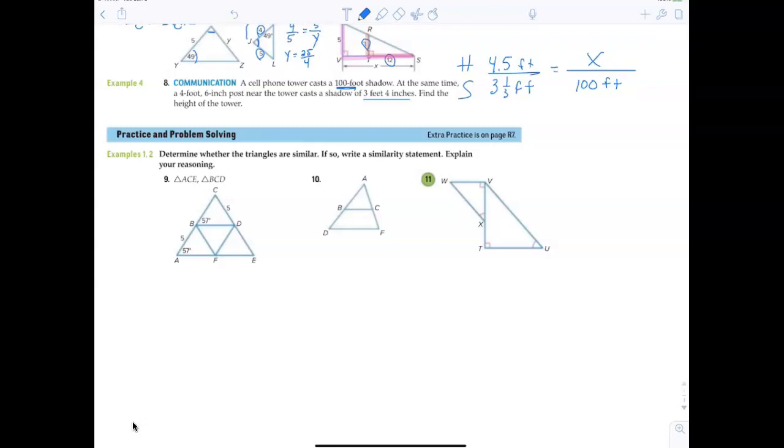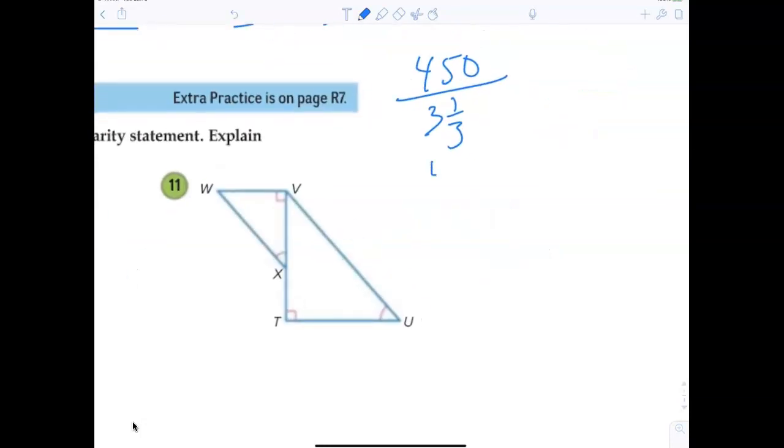Now, 100 times 4.5 is what? 450, and now we're dividing it by 3 1/3, right? But let's just go ahead without a calculator. 450, and 3 1/3 is the same as 10/3, right?